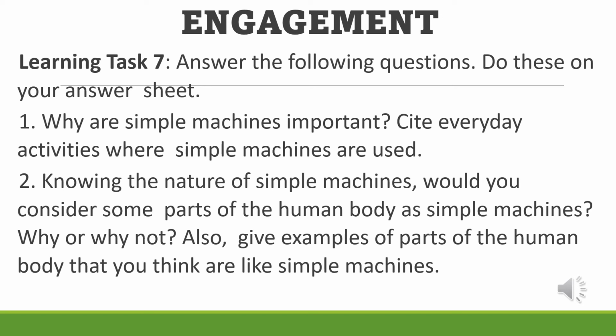Why are simple machines important? Cite everyday activities where simple machines are used. 2. Knowing the nature of simple machines, would you consider some parts of the human body as simple machines? Why or why not? Also, give examples of parts of the human body that you think are like simple machines.